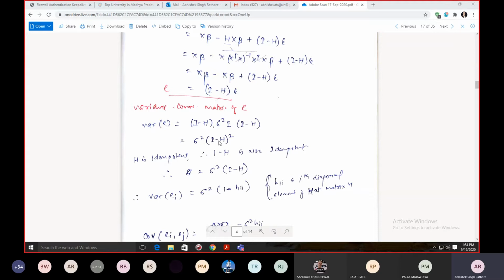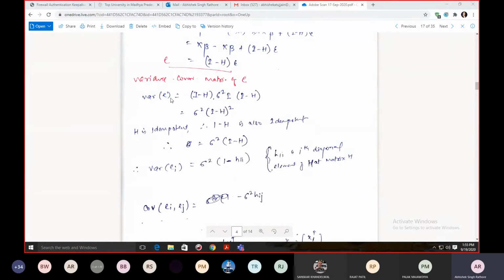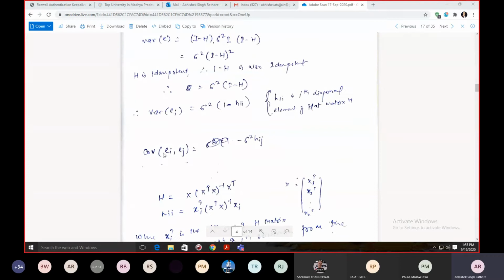So instead of (I minus H) whole square, we can write I minus H. So the variance of a particular ith residual is sigma square into (1 minus hii). Here hii is just the diagonal element of your hat matrix. And again, when we go for covariance, this is just equal to minus sigma square hij. So instead of diagonal elements, this value is just your non-diagonal elements.